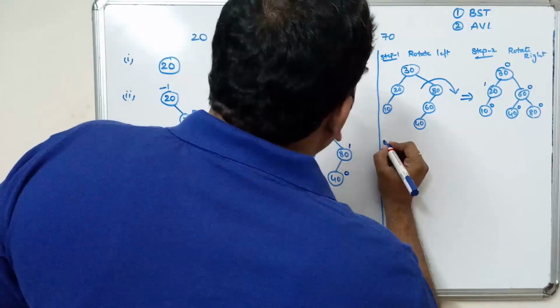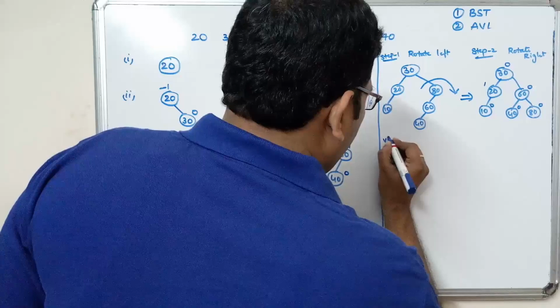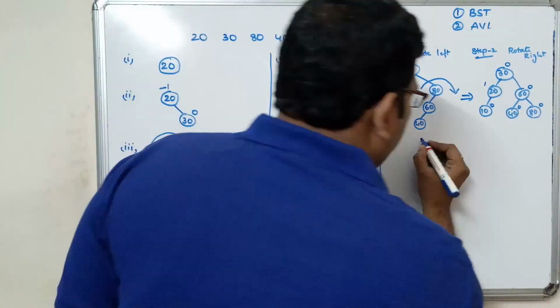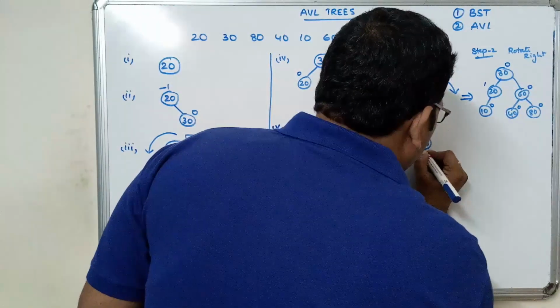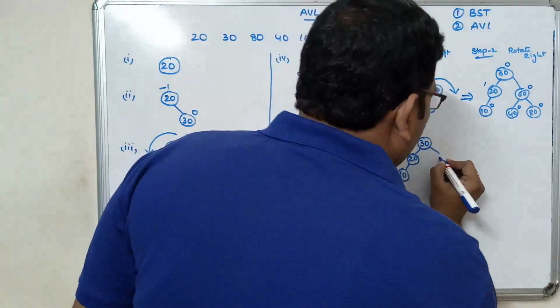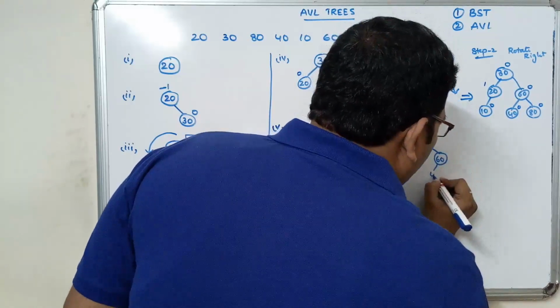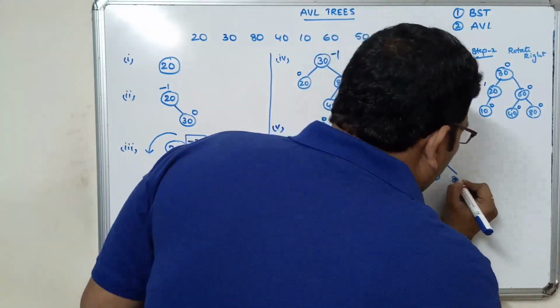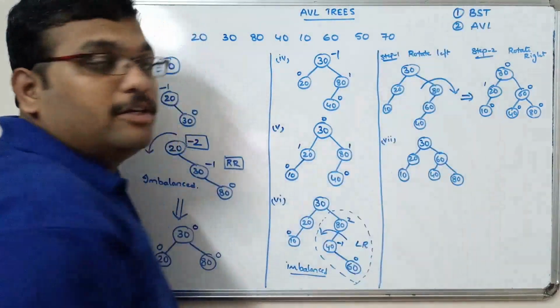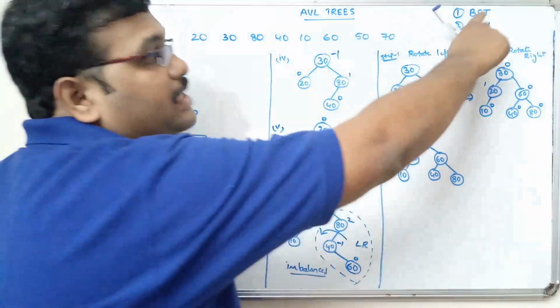Now coming to the seventh one. We have to insert 50 for this one. So 30, 20, 10, 60, 40, 80. Now we have to insert the 50, but it doesn't violate the BST.